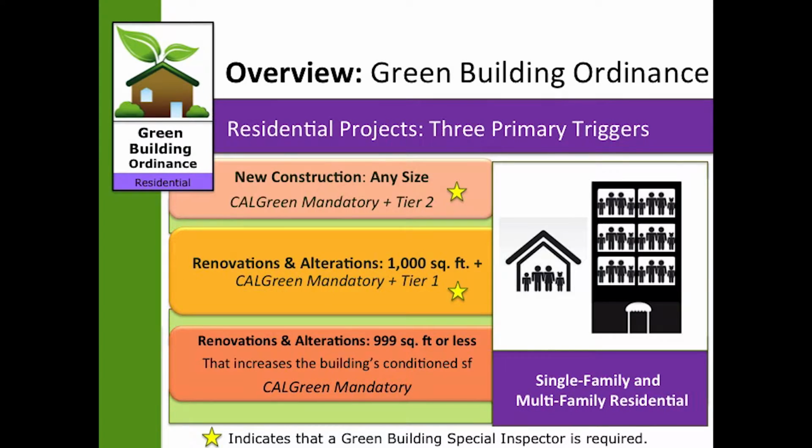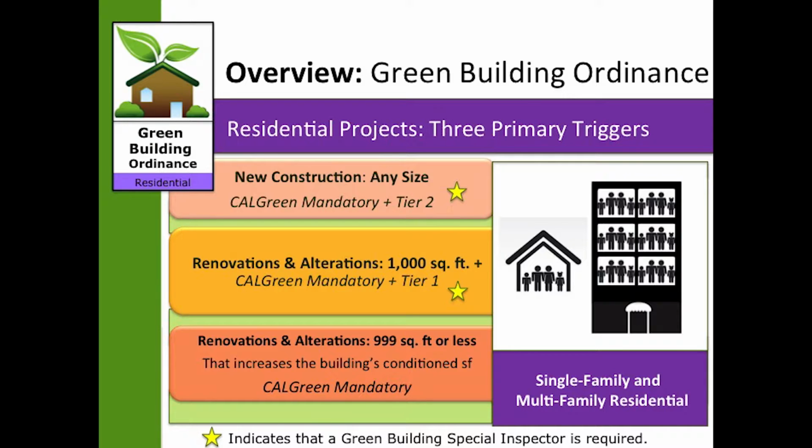So there are 3 primary triggers that require projects to meet the Green Building Ordinance. The first is new construction of any size. Projects that meet that trigger must meet CalGreen mandatory plus Tier 2 requirements. The second trigger is renovations and alterations of 1,000 square feet or more.